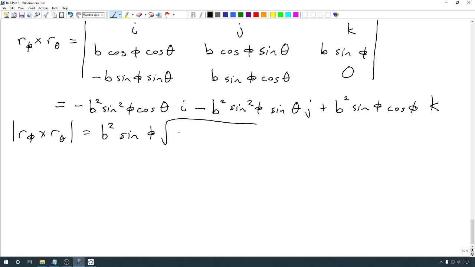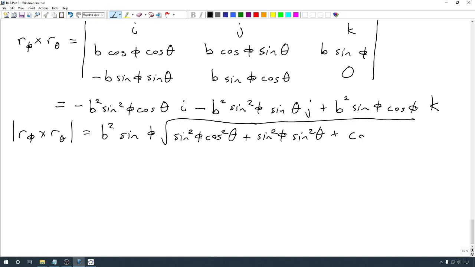So on the inside of our square root, we still have one sine of phi here, so we have a sine squared phi, and we have a cosine squared theta. Here we still have one of the sine phis as well, so we have a sine squared phi and a sine squared theta. Here we've taken out the b squared and the sine phi, so we just have a cosine squared phi.